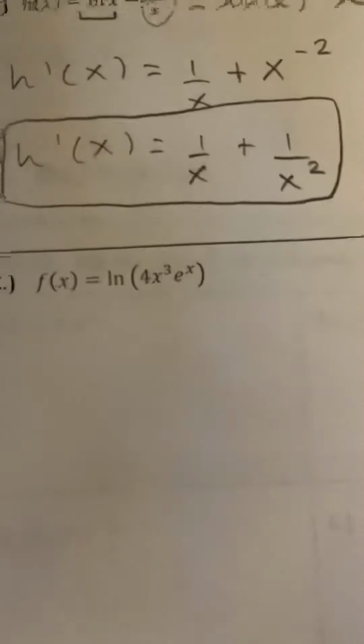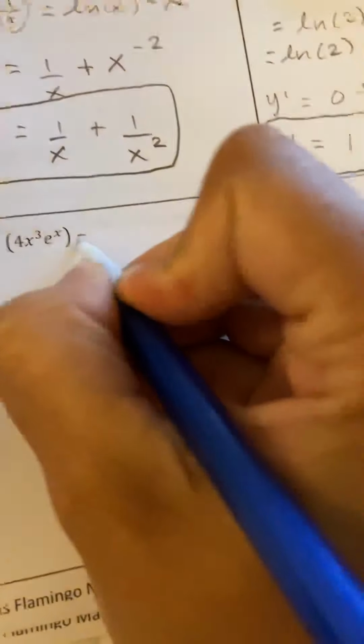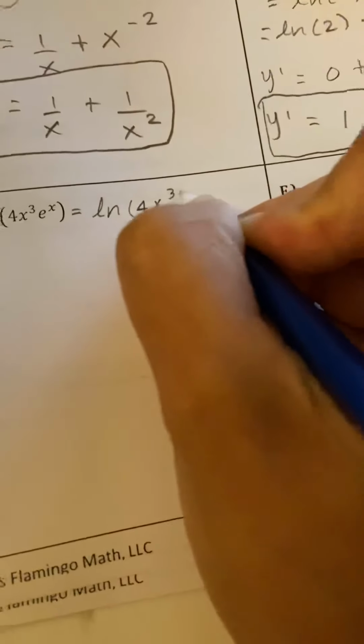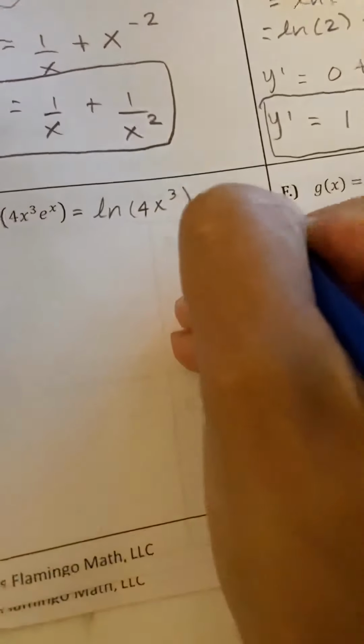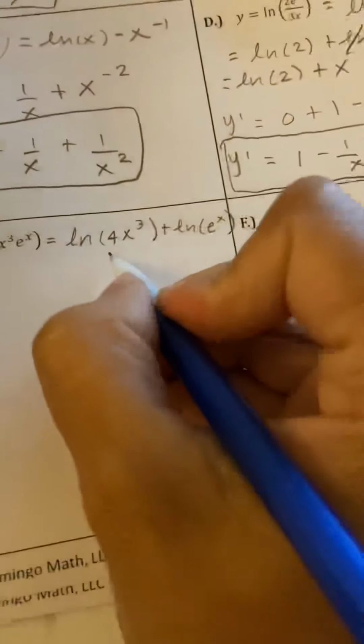All right, 2 more. Again, rewrite, okay? So I would have ln of 4x cubed plus ln of e to the x. That is your first step. You can further rewrite that part.